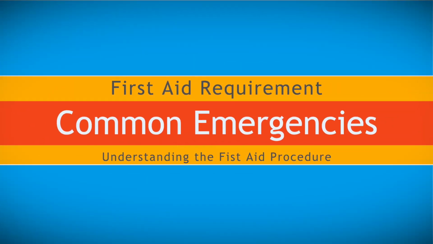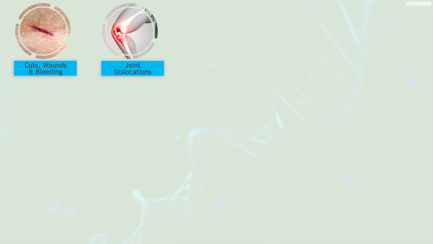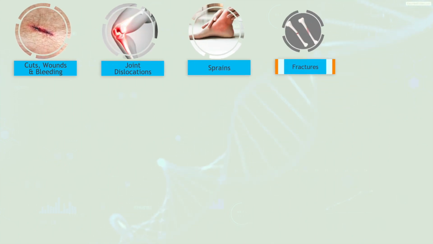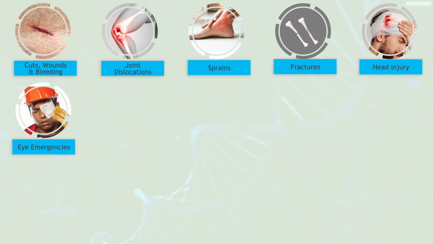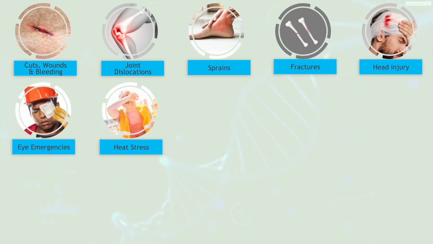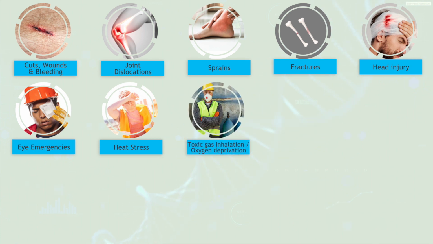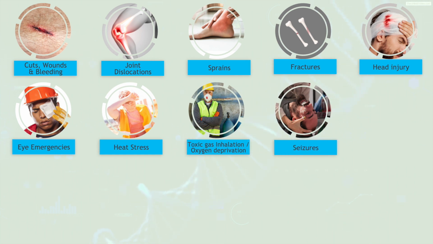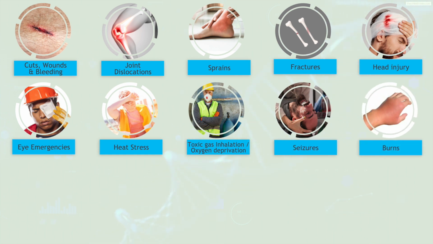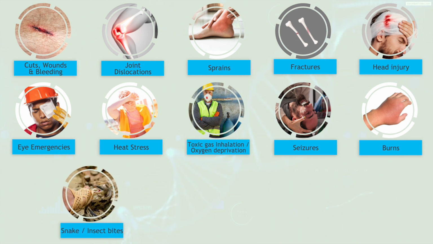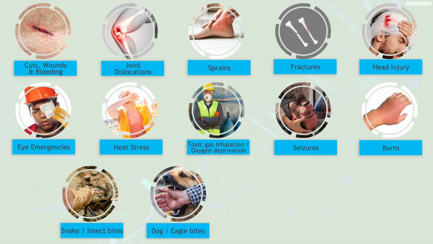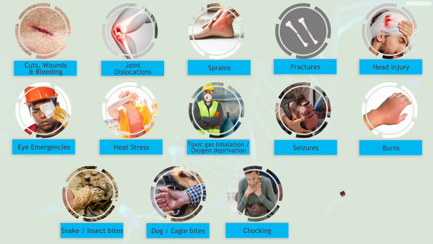The below are some of the common emergency situations: cuts, wounds and bleeding, joint dislocations, sprains, fractures, head injury, eye emergencies, heat illness and heat stroke, toxic gas inhalation and oxygen deprivation, seizures, that is fits, burns that include hot burns, cold burns and electrical burns, snake bites and insect bites, dog bites and eagle bites, choking, electrocution.